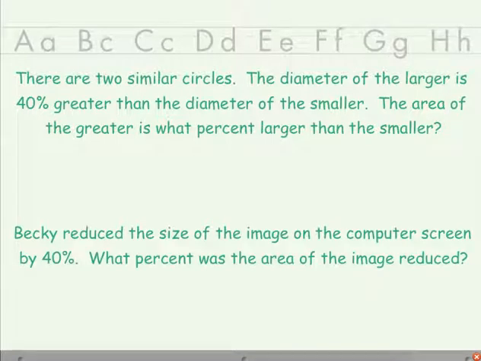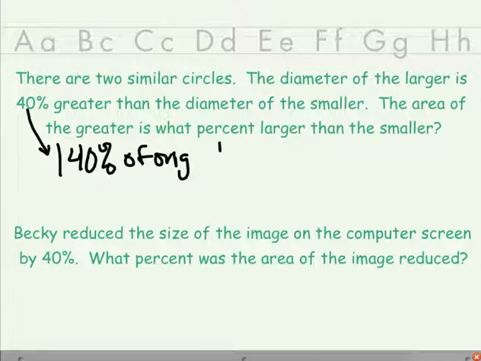There are two similar circles. The diameter of the larger one is 40% greater than the diameter of the smaller. The area of the greater one is what percent larger than the smaller? Well, if we're thinking about this one, this is a 40% increase, which means I have 140% of the original, meaning that my perimeter scale factor is just the decimal form of that as 1.4.